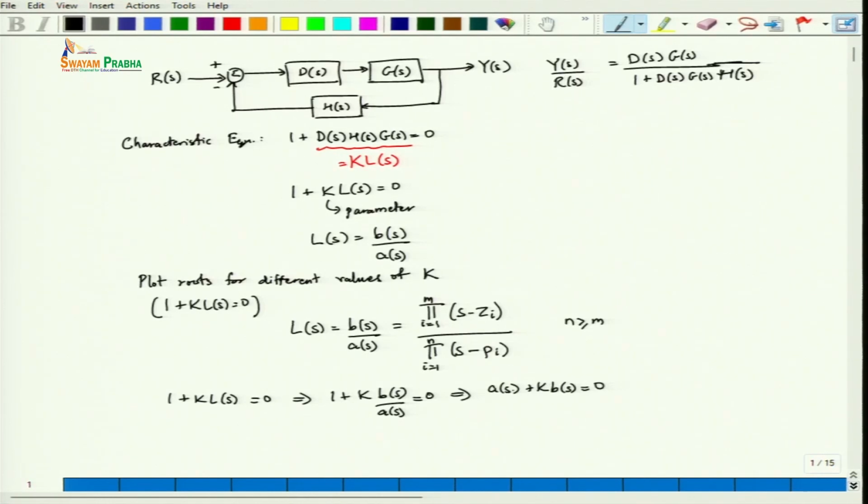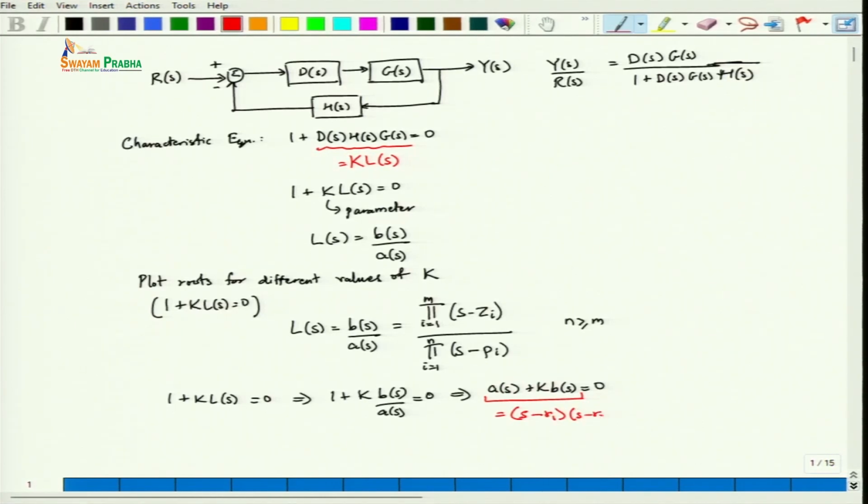Now, the left hand side here denotes a polynomial which is equated to 0, and say there are n roots, because the highest degree of this will be n, that is the order of A. So the highest power will be s to the power n.